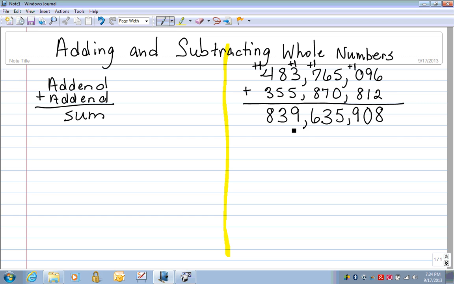Remember, you do not say "and" anywhere in a whole number. The word "and" is reserved for the decimal point when you're calling the number. And if all of these numbers had a decimal point, this is where they would be. So everything we're working with right now is to the left of the decimal point. Okay? This is called addition.